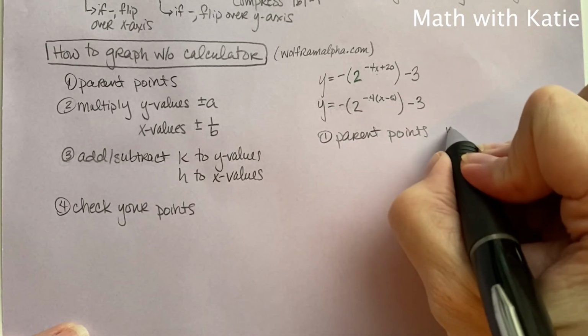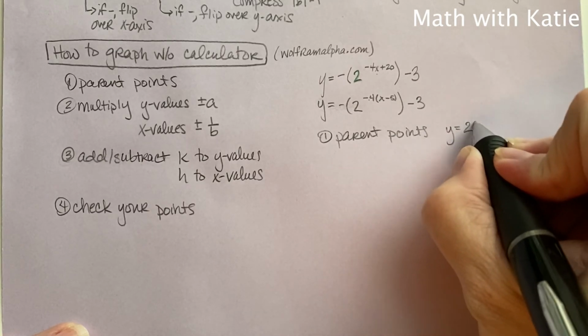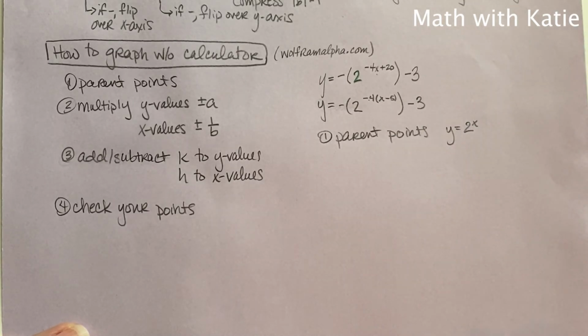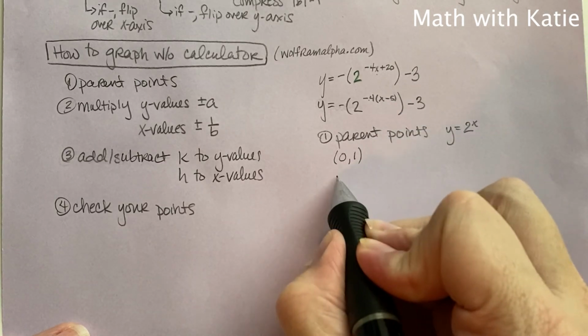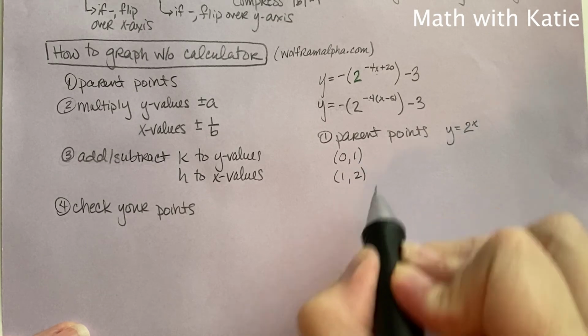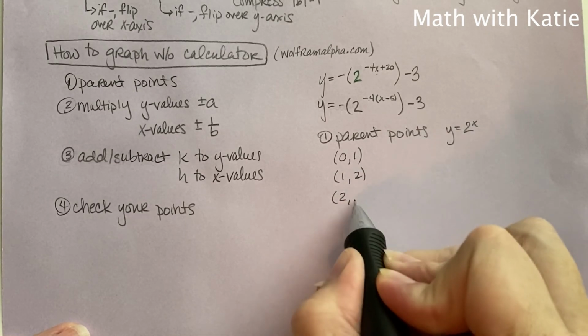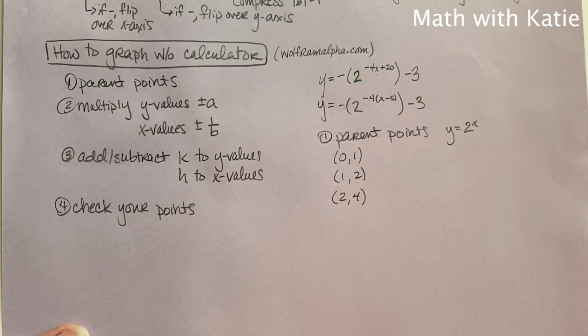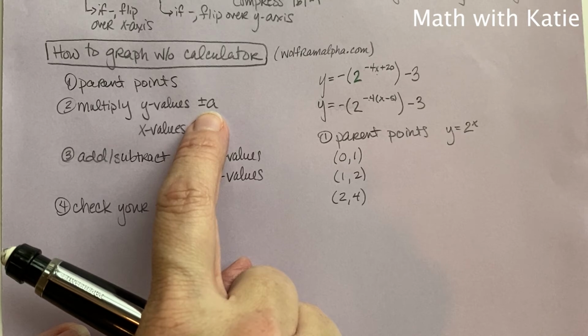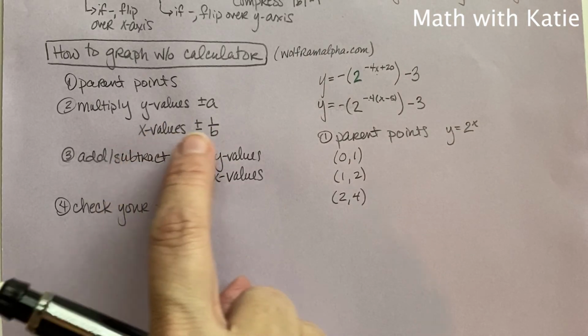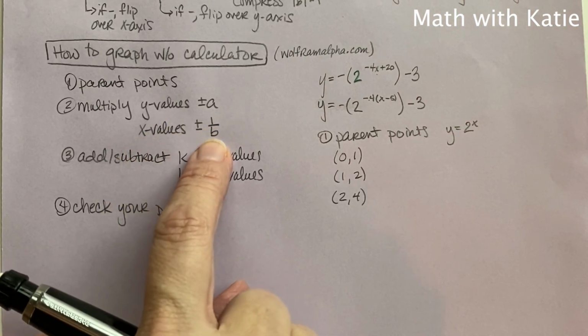Okay, so since our parent function is 2 to the power of x, right? We'll plug in 0, we get 1. Plug in 1, we get 2. And plug in 2, we get 4. All right. And our first step is to multiply the y values by the value of plus minus a and the x values by plus minus 1 over b.